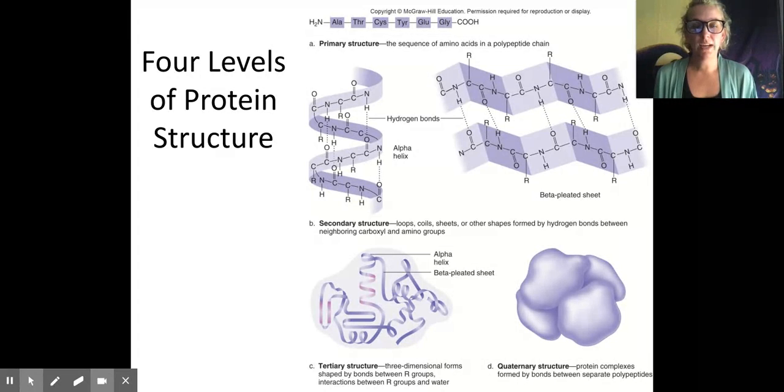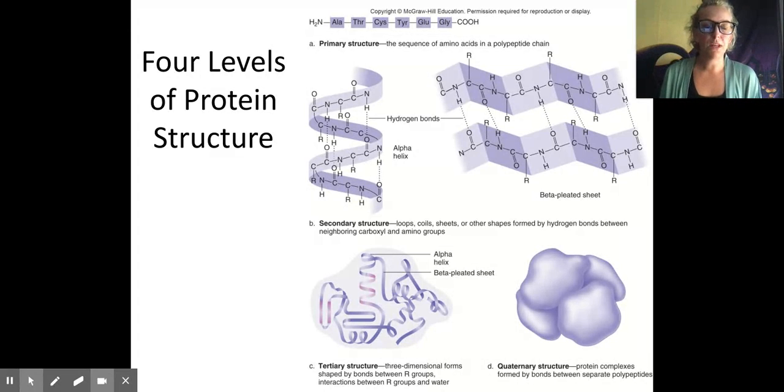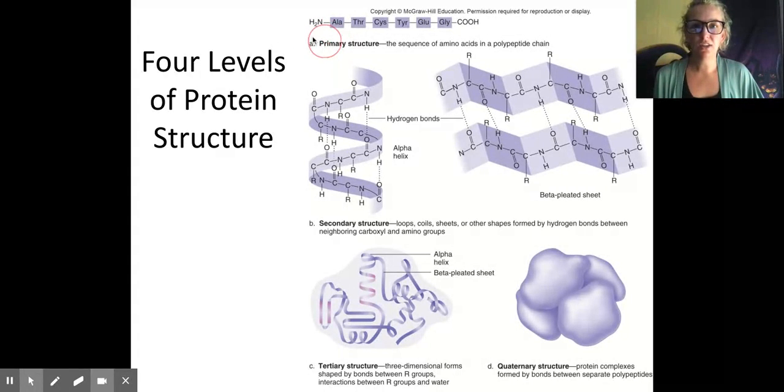What this is showing is the progression of the protein folding from start to finish. So up here, you've got the primary structure. This is what the amino acid chain looks like coming off of the ribosome. The secondary structure here is that initial coiling or shaping right after that chain leaves the ribosome.